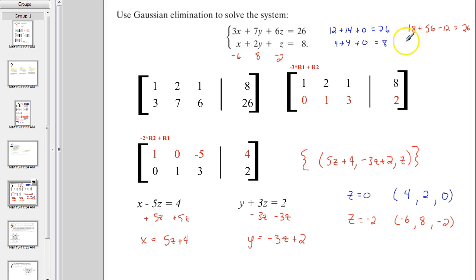Right. For the other equation, -6 plus 2 times 8 is 16, minus 2. -6 plus 16 is 10, minus 2 is 8.